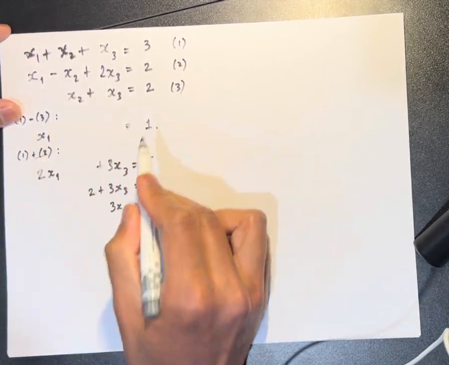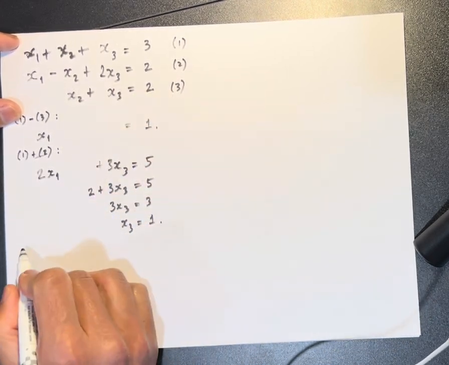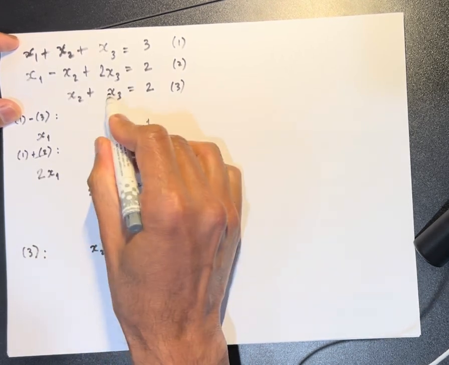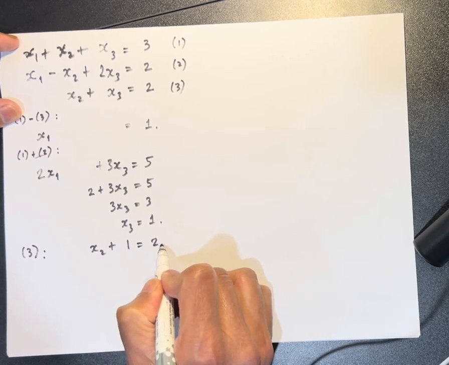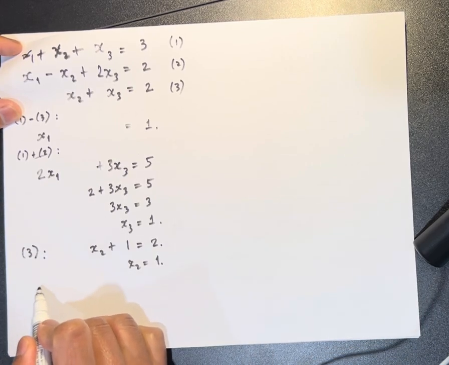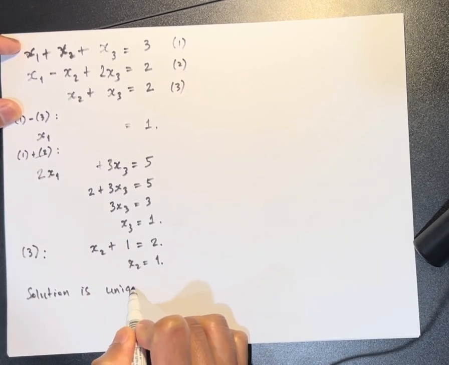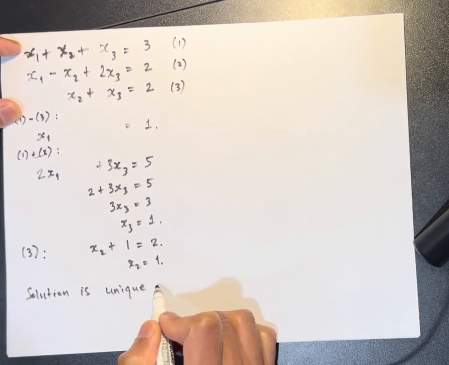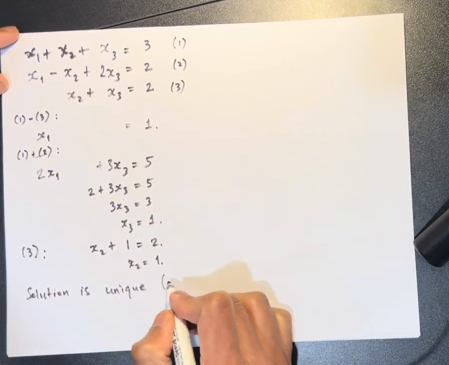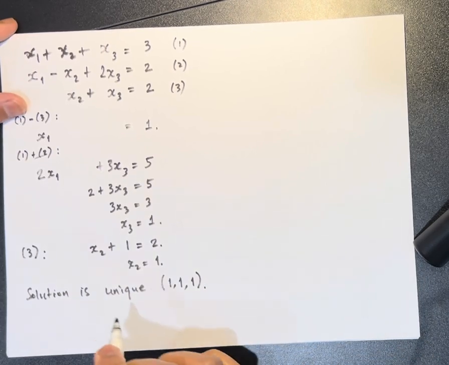So x1 is 1, x3 is 1, and substituting back into equation 3, we get x2 plus 1 equal to 2, so x2 equals 1 also. In this case the solution is unique. The solution is x1 equal to 1, x2 equal to 1, and x3 equal to 1.